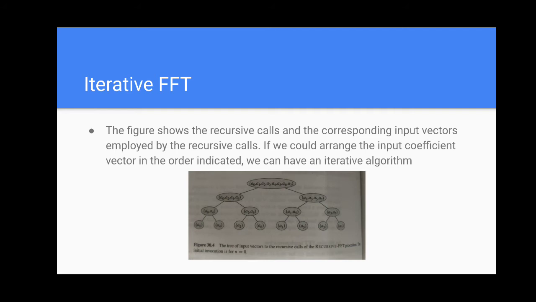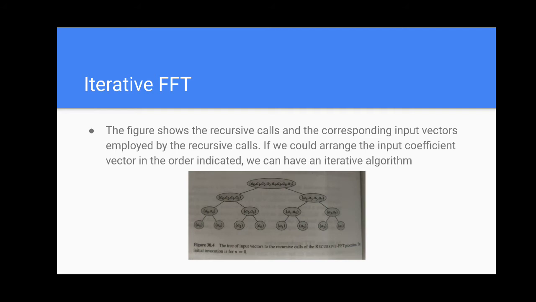FFT algorithm will divide the coefficient vector into two vectors in each call, containing even numbered coefficients and odd numbered coefficients. So suppose we consider a coefficient vector of length 8, then as shown in the figure, it is going to have one call with A0, A2, A4 and A6, another call with A1, A3, A5 and A7, and the recursive call with the even numbered coefficients will be further divided, and so on, until we arrive at the leaf nodes of the recursive tree shown here, which is in the order A0, A4, A2, A6, A1, A5, A3 and A7.